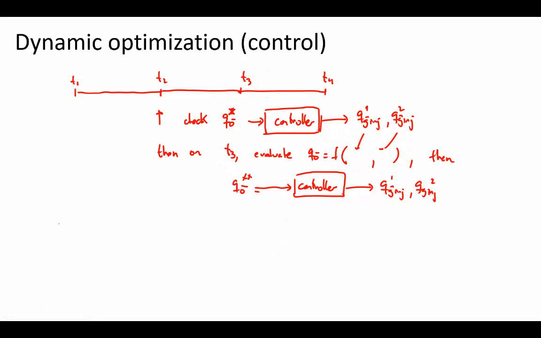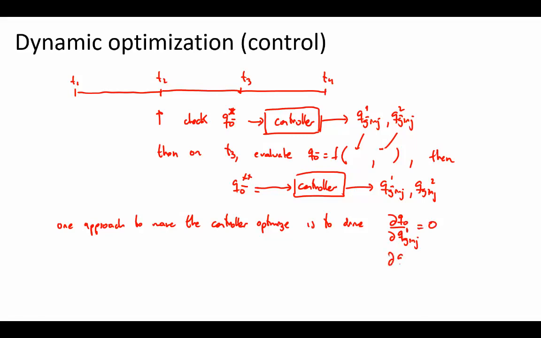One approach to make the controller optimize is to drive the derivative of QO with respect to Q gas injection 1 to be equal to 0, and the derivative of QO with respect to Q gas injection 2 also to drive it to 0.